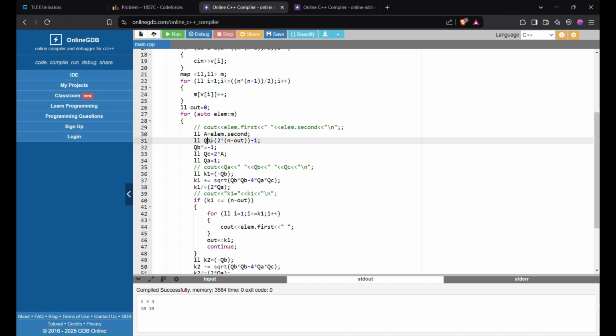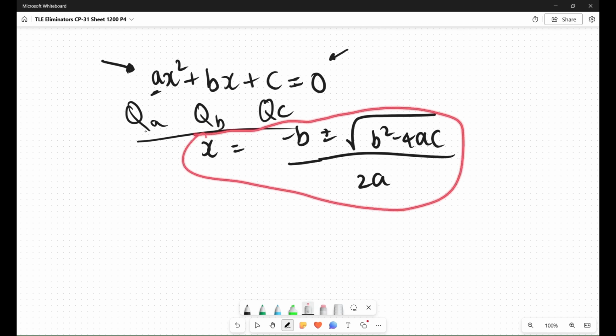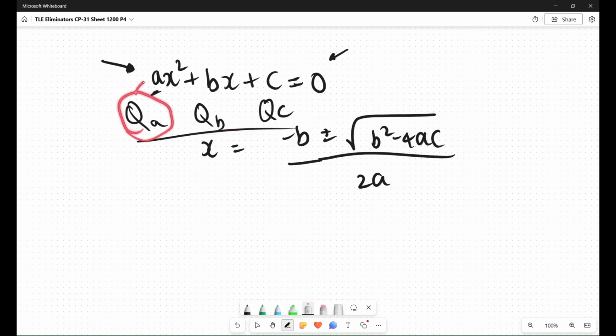QA, QB and QC are the standard form of the quadratic equation coefficients, and this is the solution for that quadratic equation, so I'm giving variable names QA for A, QB for B, and QC for C to substitute in this formula. Nothing more fancy here.